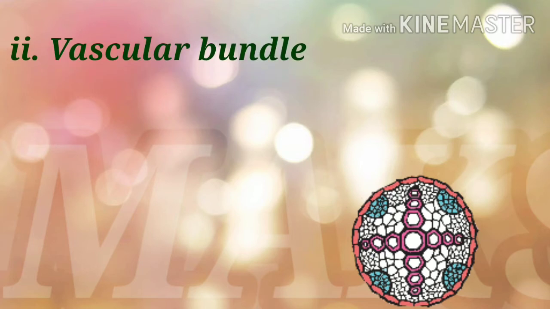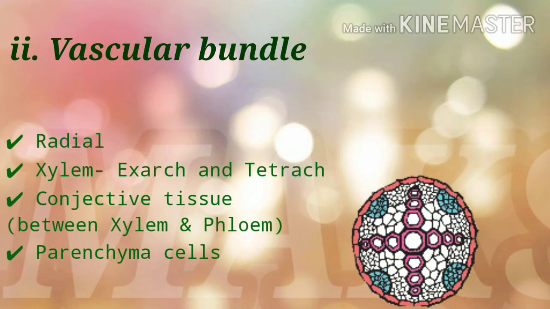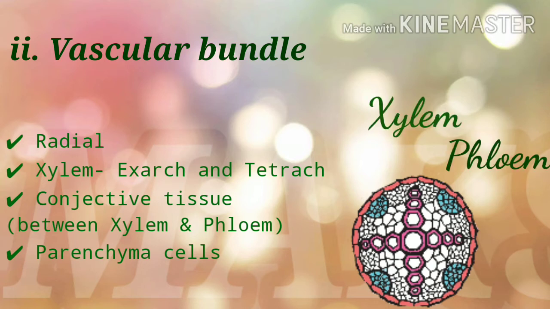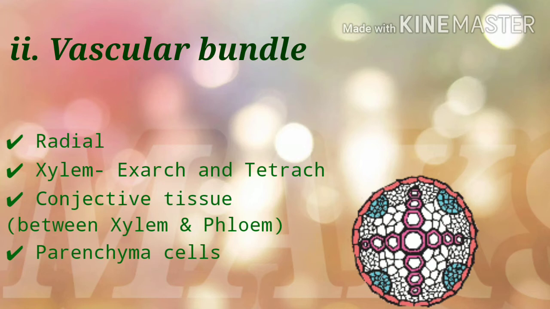The next tissue in stele is a vascular bundle. The vascular bundle is radial, which is circle in shape, and the cells of xylem and phloem are arranged in an alternate manner. The xylem is exarch and tetrarch.